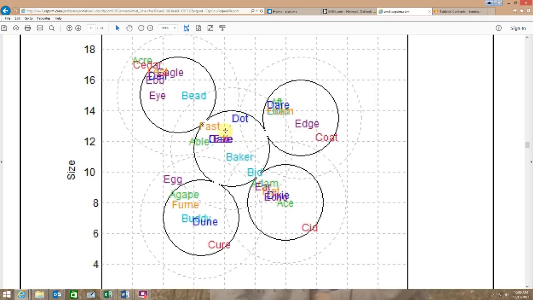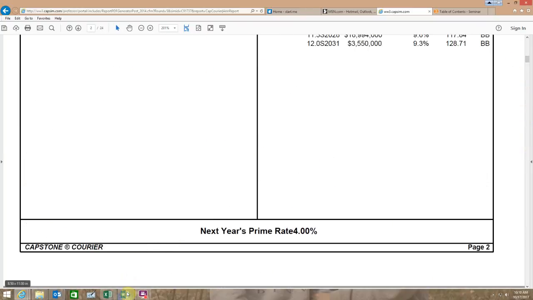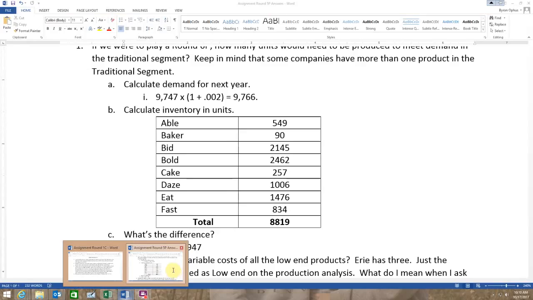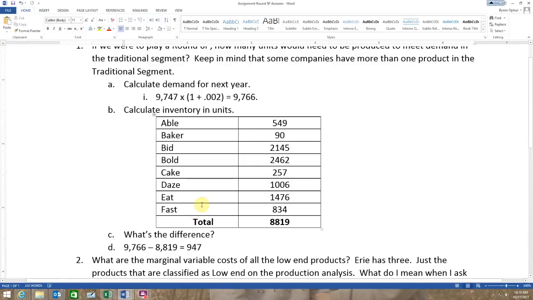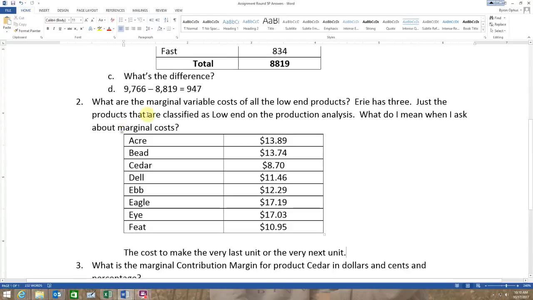It could be sold perhaps in the traditional segment, but it's just barely at that edge. I think it only sold 6 units. So you would have to take into consideration that product and maybe some of the others aren't that well suited. But nonetheless, it should give you an overall view that there's a lot of inventory in this segment, and I need to consider that when I'm making my projections for next round.